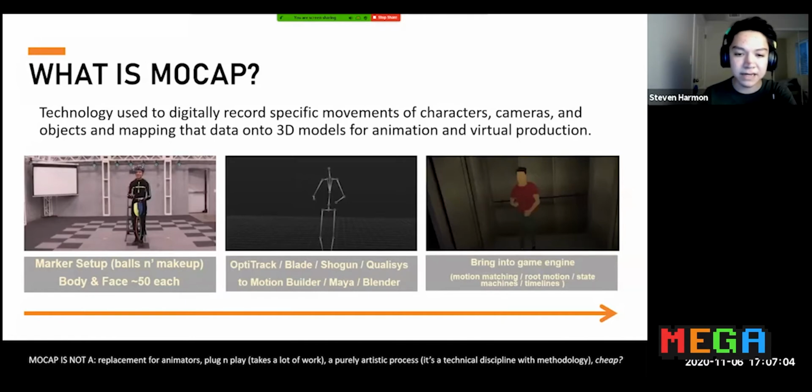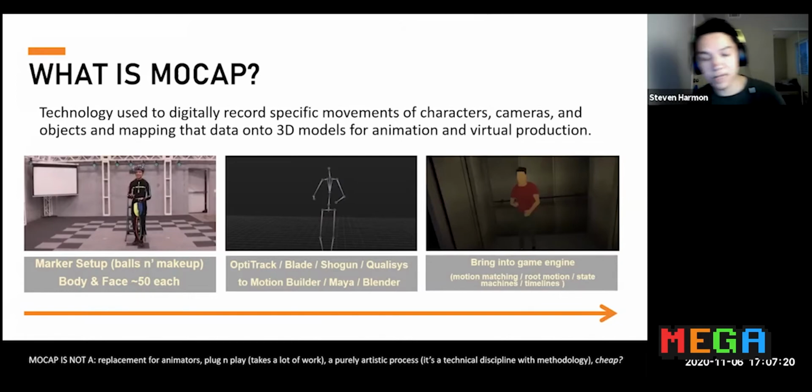And then you move it to OptiTrack, Blade, Shogun, Qualisys. These are the mocap middleware programs that get all this data, put it into point clouds, and triangulate where things are to millimeter precision. It's amazing. And then you feed those into MotionBuilder, Maya, or Blender, your 3D suite. And from that point, retarget all of those and then bring them into the game engine. Now, what is retargeting? We'll get into that in a second.